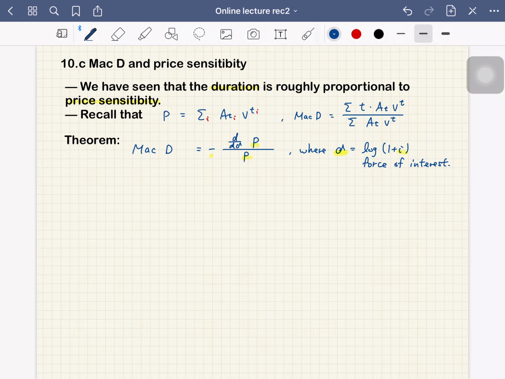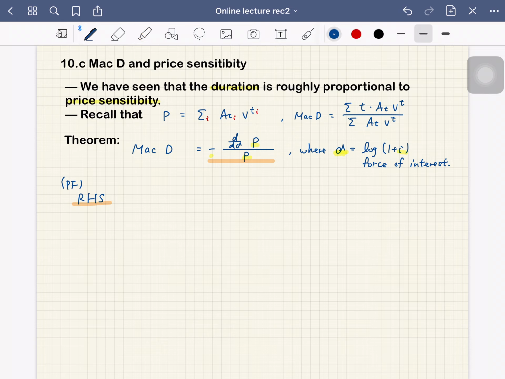So what's the proof? How to prove it? This isn't really too difficult. What's the Macaulay duration? What's the price sensitivity? So we start with the right hand side.